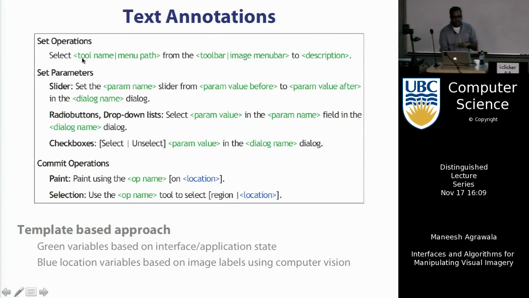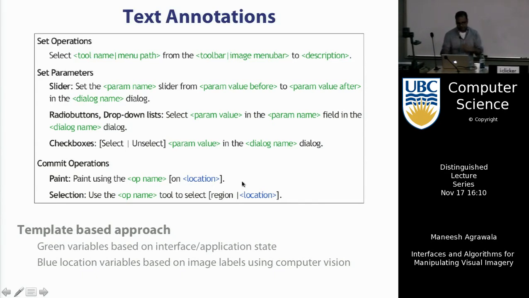And for each kind of operation, we have these green variables that describe something from the interface or application state, and we have these blue variables that are based on labels from computer vision. So here we might say, paint using the paintbrush tool on the eye of the person.